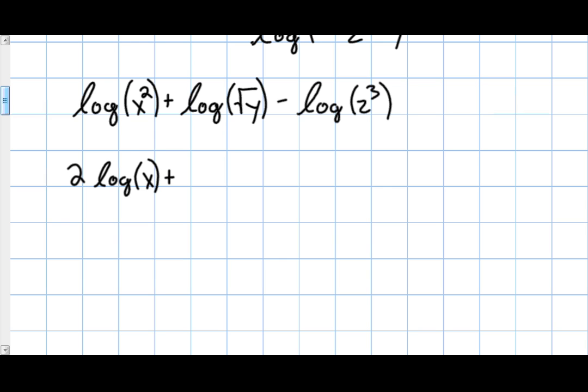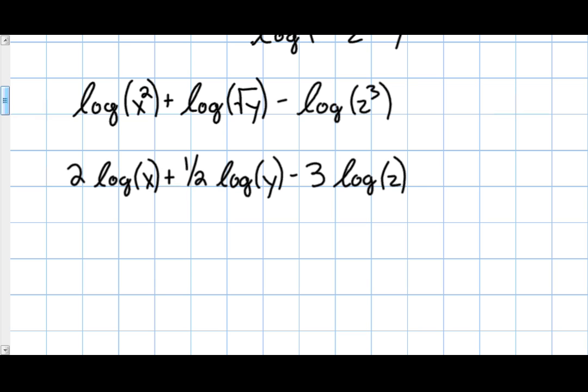Now remember, what is the square root of y? The square root of y is just y to the power of 1/2. So I'm going to have 1/2 log y minus 3 log of z.